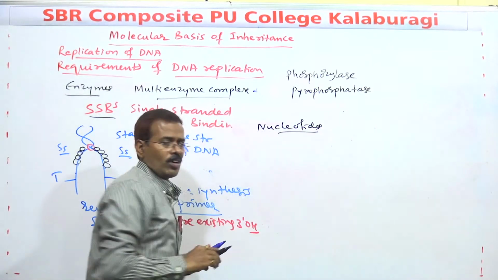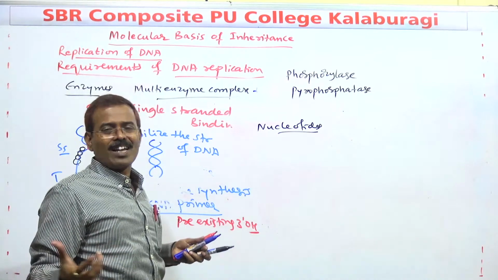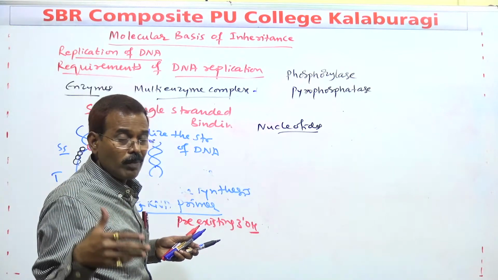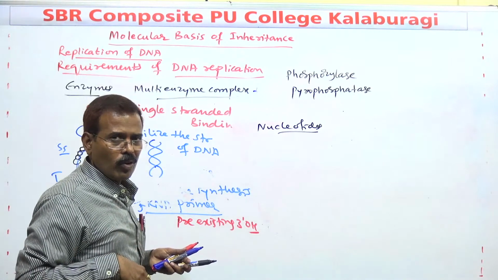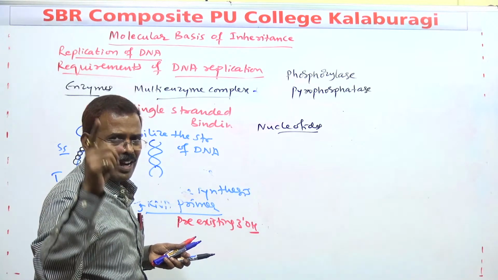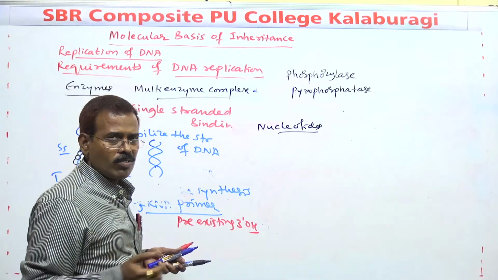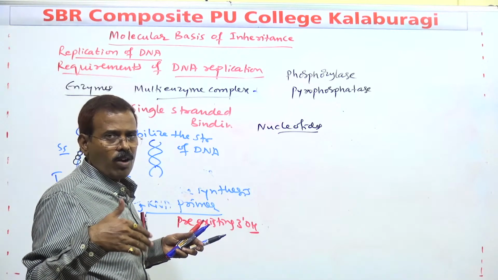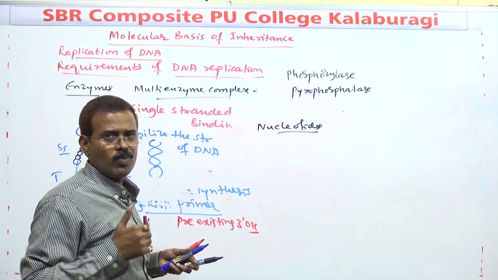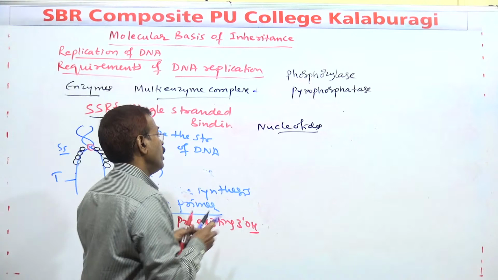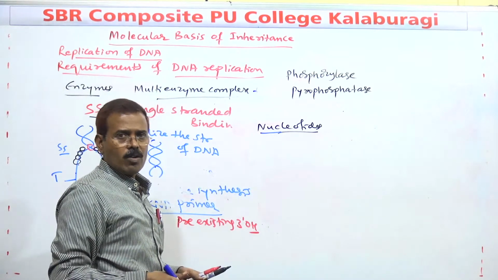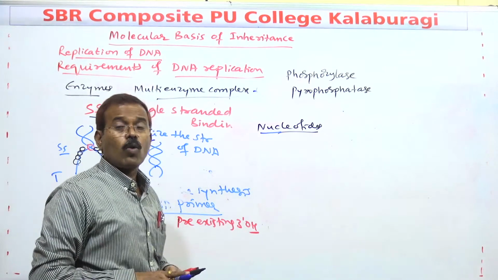The nucleotides are present in the nucleoplasm in eukaryotes and in the cytoplasm in prokaryotic cells. There are 4 types of nucleotides in DNA: deoxyadenylic acid, deoxyguanylic acid, deoxycytidylic acid, deoxythymidylic acid, or deoxyadenosine monophosphate, deoxyguanosine monophosphate, deoxycytidine monophosphate, and deoxythymidine monophosphate. So these 4 nucleotides are required. DNA template is required. These are all the various requirements.